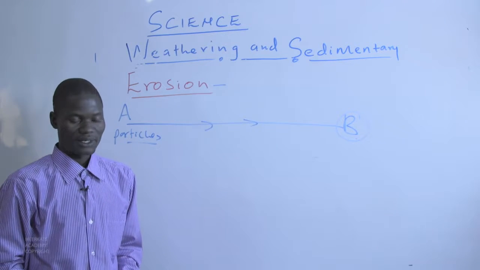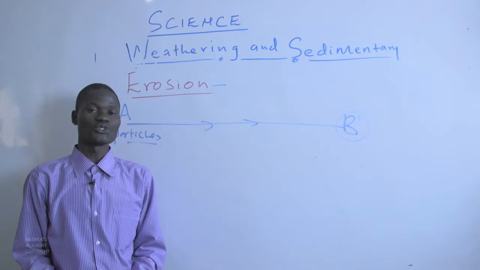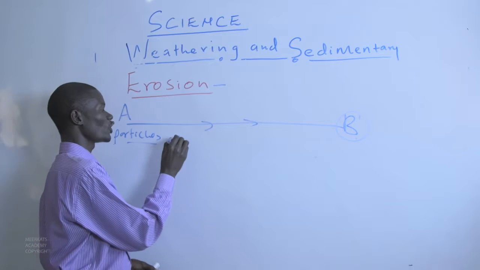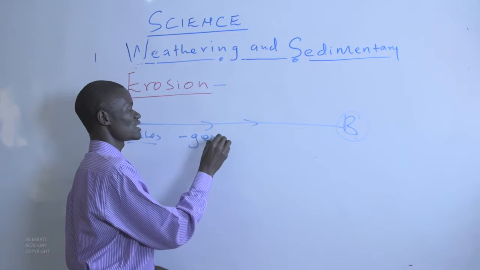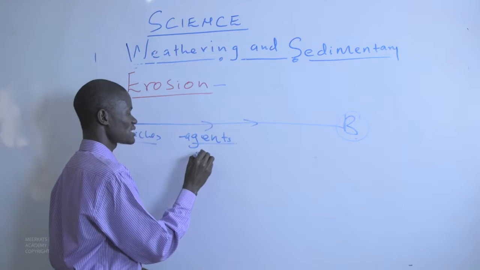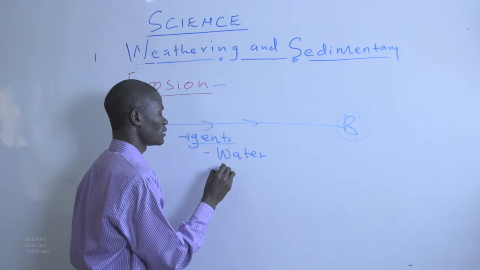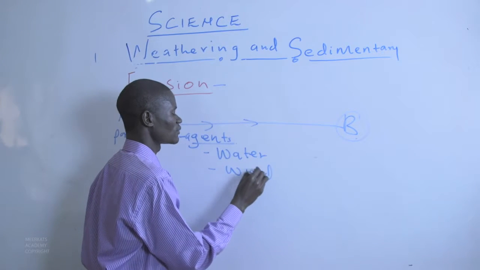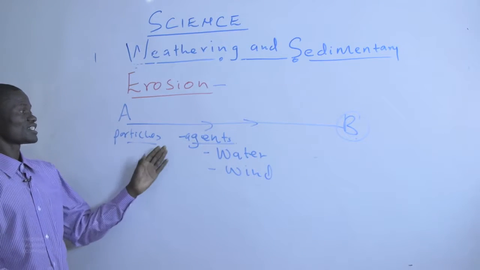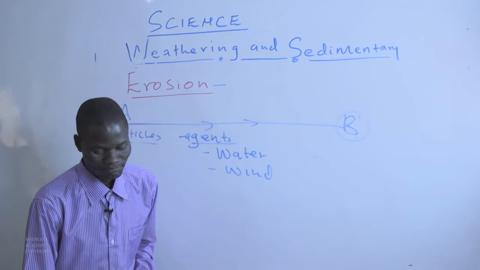And erosion may be carried out using various agents. This process depends on various agents of erosion. These agents include especially water, and we'll also be looking at wind. These are the most powerful agents that may propel the process of erosion.